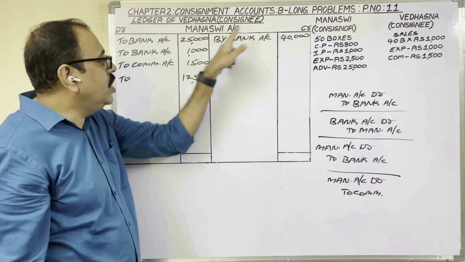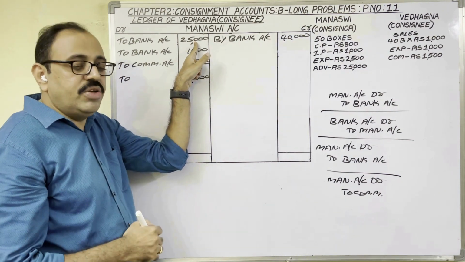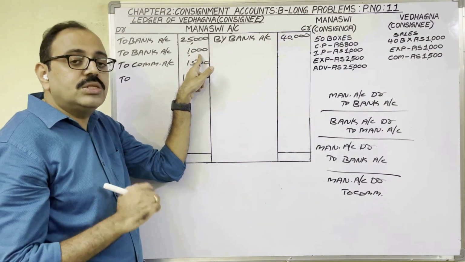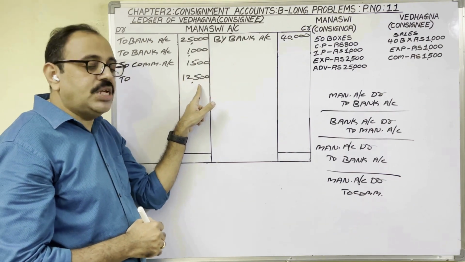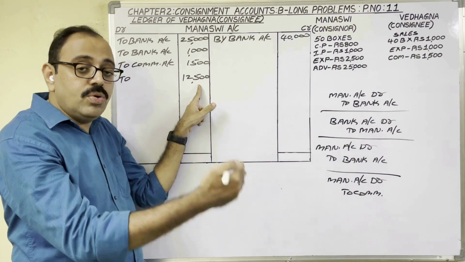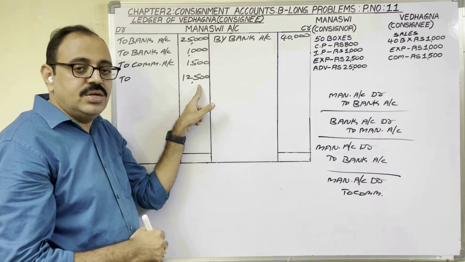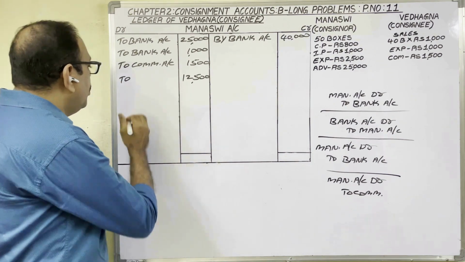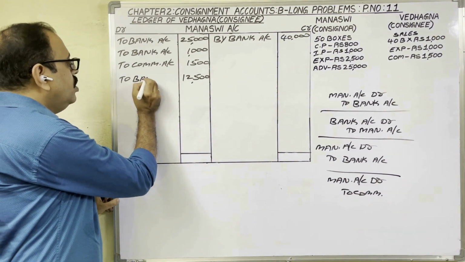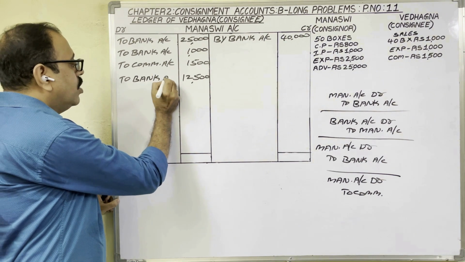From this amount, we are deducting our advance 25,000, our expenses 1000, our commission 1500, and the balance amount we are giving to the consignor in the form of a check. So this is the due amount. We paid that amount through check. Therefore, we should write to bank account.